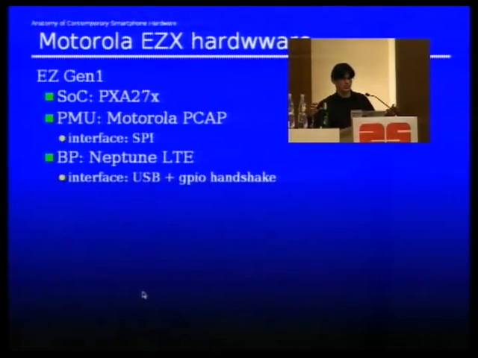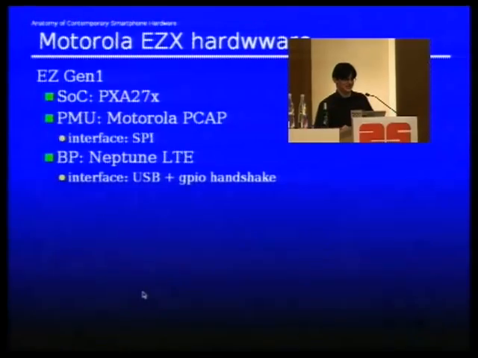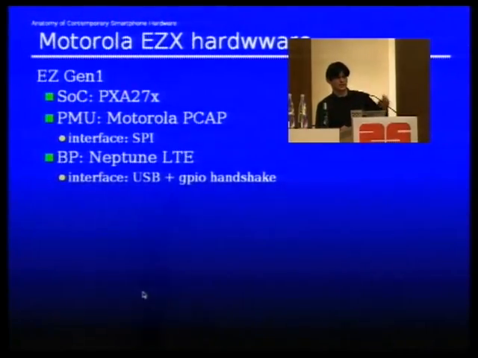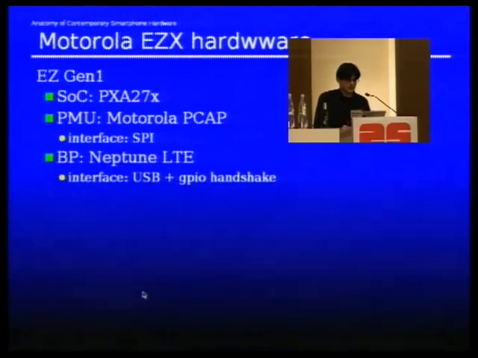So you have 2 CPUs reading and writing to the same registers in the power management unit. It's a bit scary. Some of those registers can only be read or written from one side, but not from the other side. The baseband processor is what they call a Neptune LTE, which, as I said, is connected over USB with some weird handshake lines.